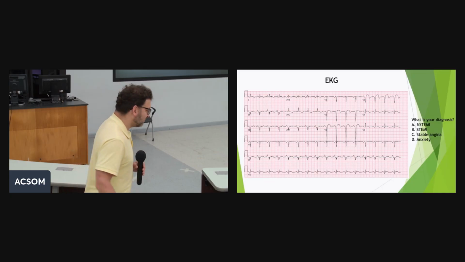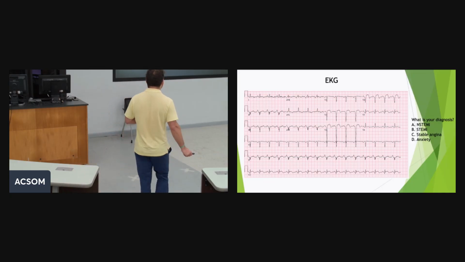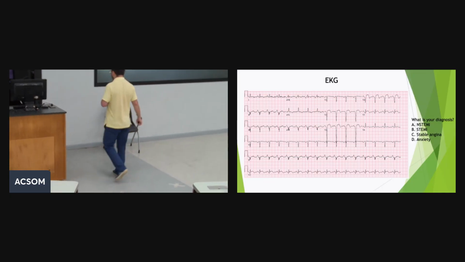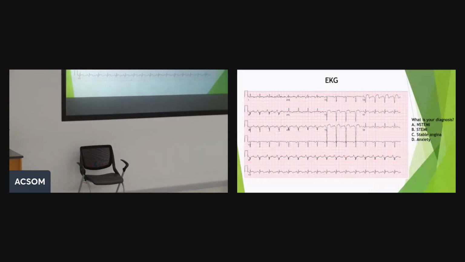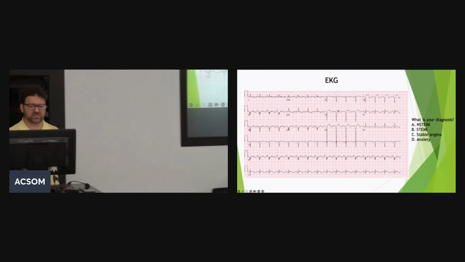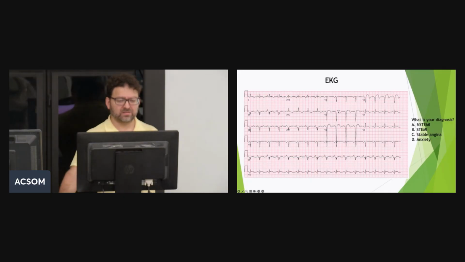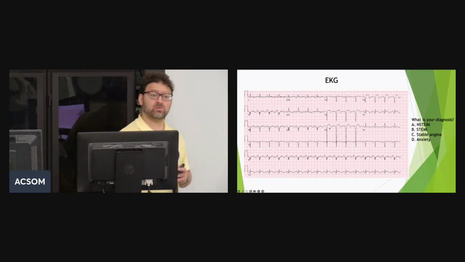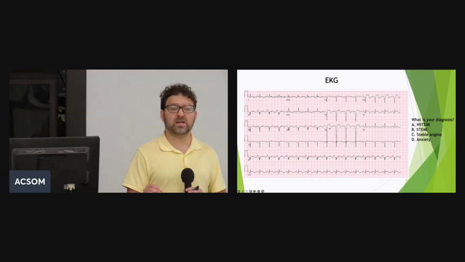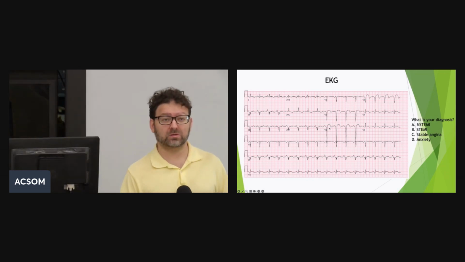Fantastic. You have clear ST elevation starting from V2. Look at this ugly 3 mm ST elevation. Then you look at the next lead, V3. It's worse. This is what we nickname a tombstone.